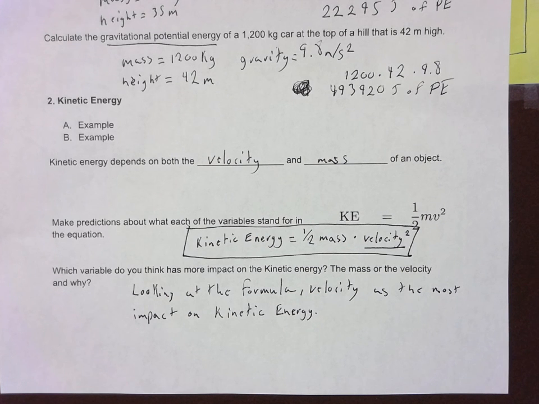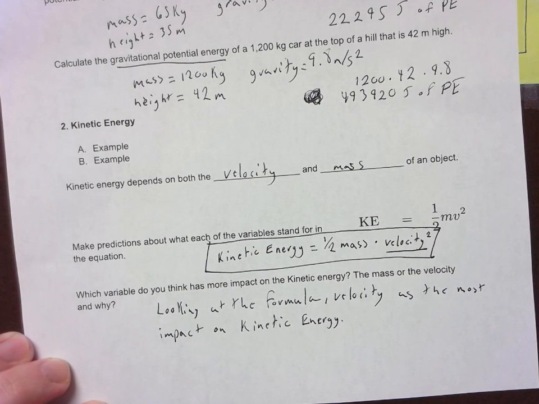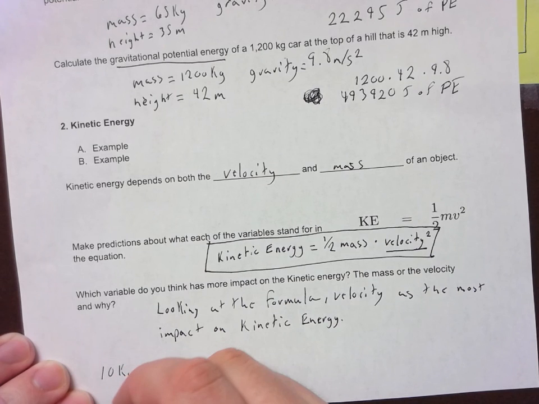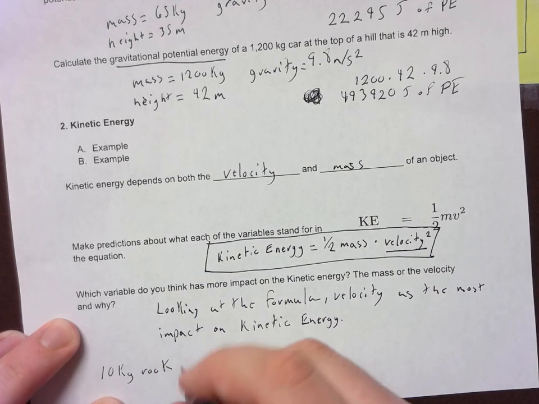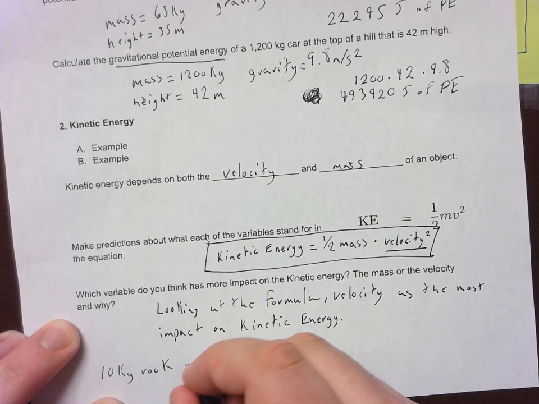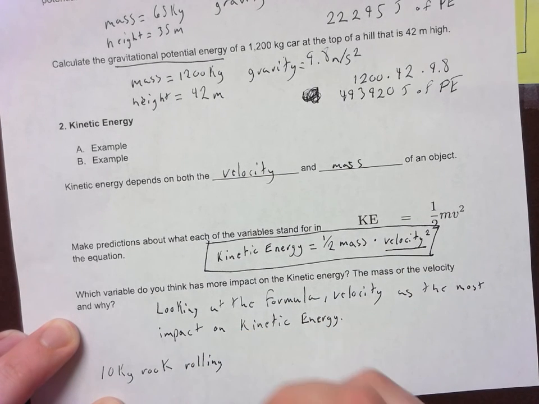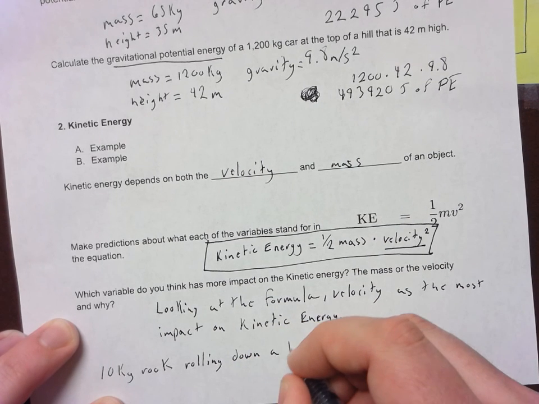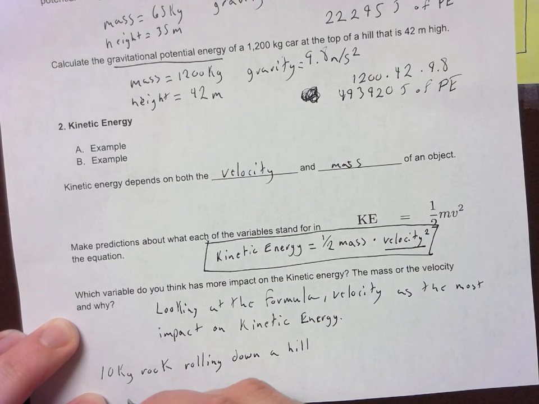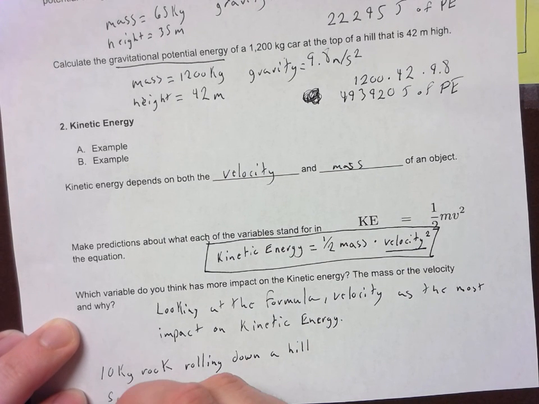A 10 kilogram rock rolling down a hill is going to be 5 meters per second at the bottom of the hill.